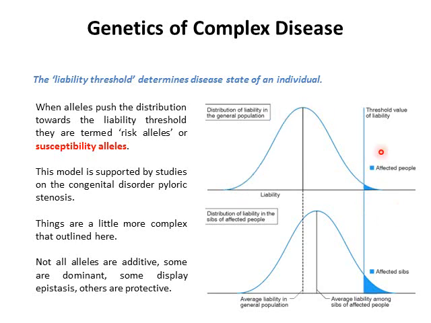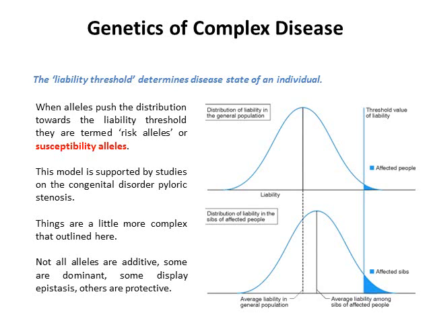What we see is only a small proportion of the population actually has the disease itself, and this proportion is represented by individuals who happen to have a large number of the susceptibility alleles required for that particular disease to manifest.